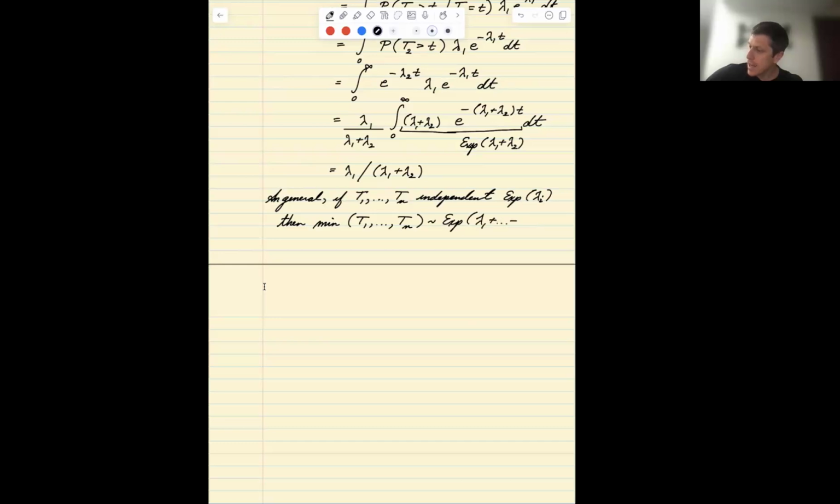Its intensity is the sum of the intensity parameters. So I'll leave this as an exercise. There's a few ways you can do this. One of the things to think about is, why would that be true?